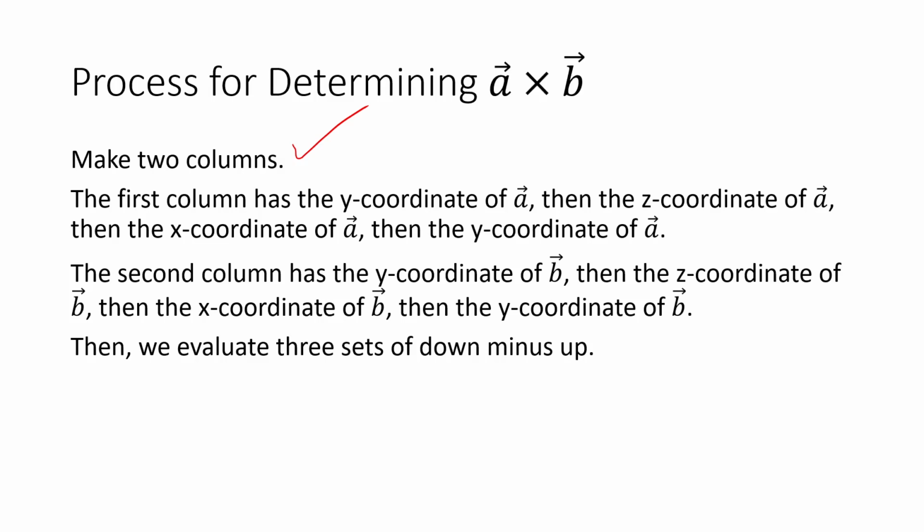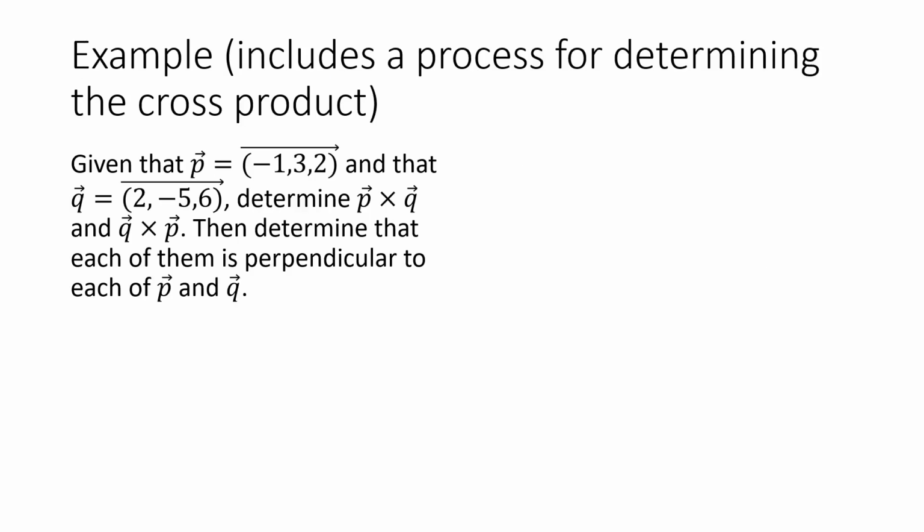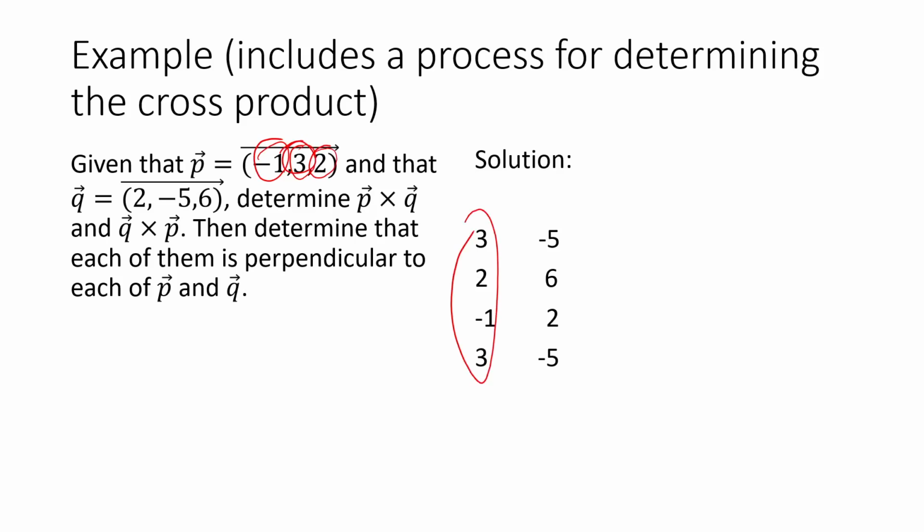But then what we're going to do is evaluate three sets of down minus up. So suppose we were given these two vectors, -1, 3, 2, and 2, -5, 6. What we can do is in one column write 3, 2, -1, 3, just like this. And in the other column write -5, 6, 2, -5, like this. Now some people prefer to write them as rows, and it's going to work the exact same way.